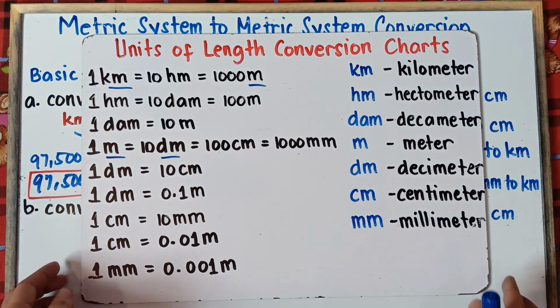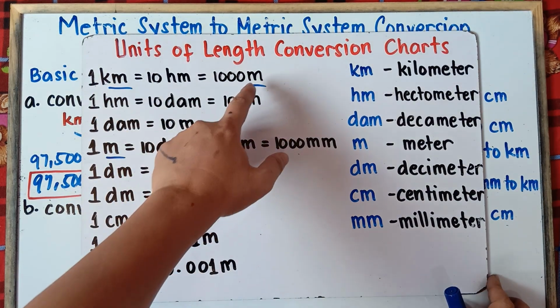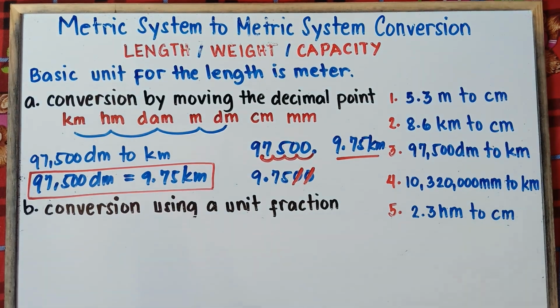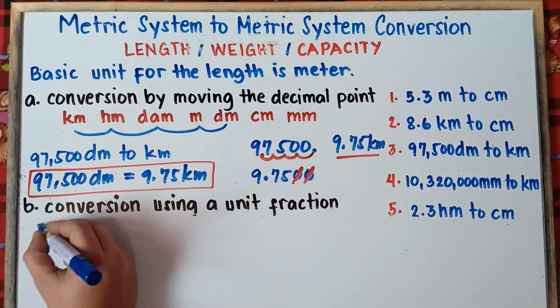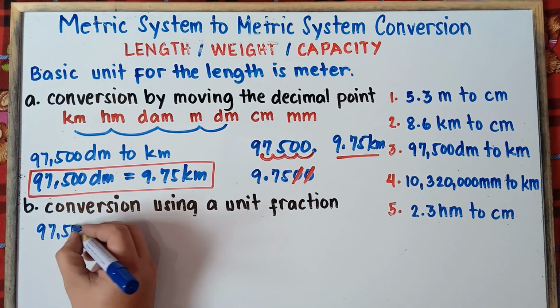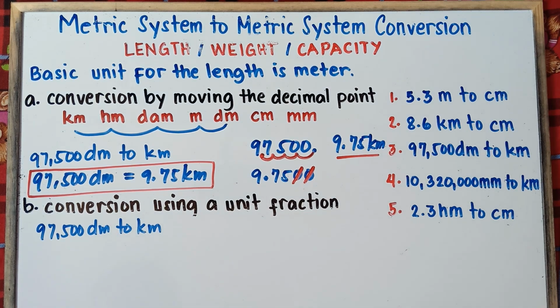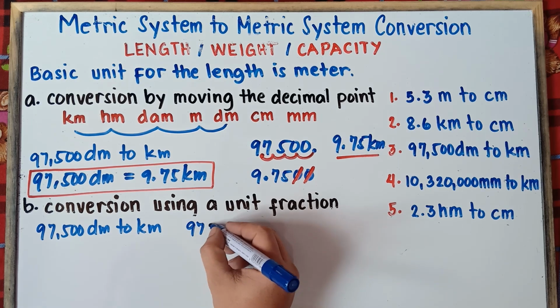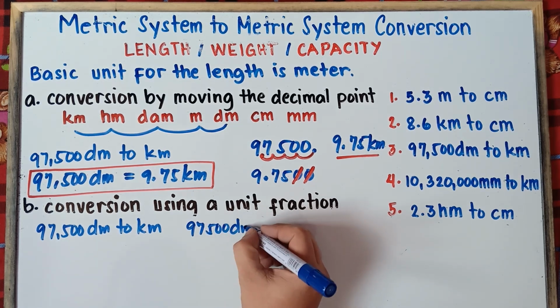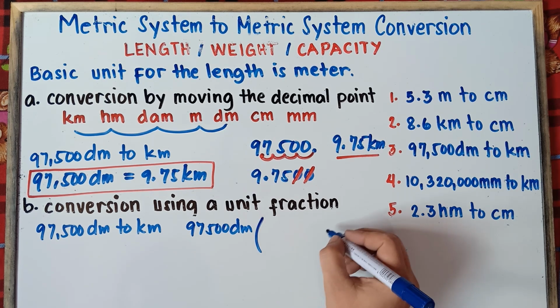Quite complicated, right? Once again, class, we don't have decimeters to kilometers directly, so we need to convert decimeters to meters and then meters to kilometers. Let's do it step by step. Let me write down the given: 97,500 decimeters to kilometers. We need to put parentheses.